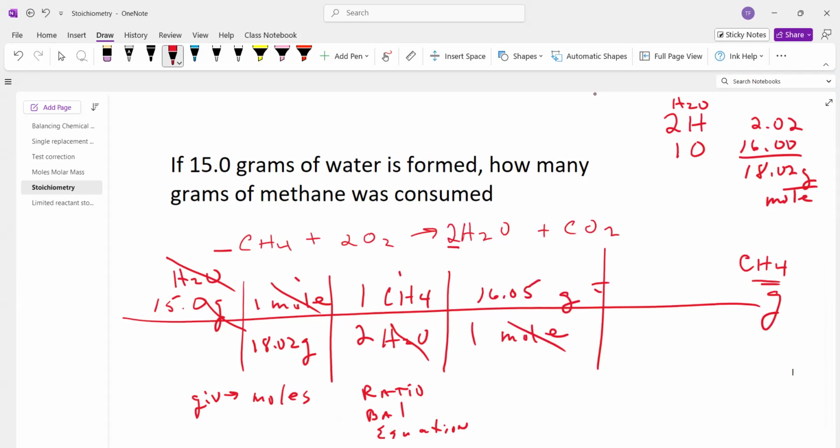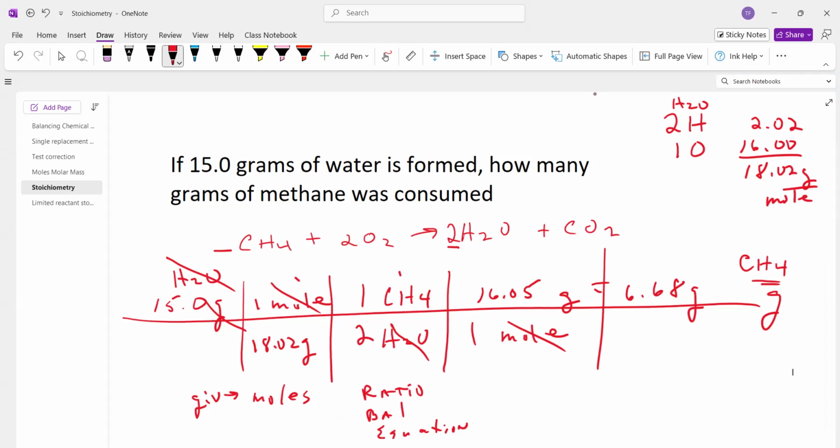What are we trying to calculate? Grams of methane. So here we have 90% of the credit, the setup. It's 6.68 grams of methane, 3 sig figs.